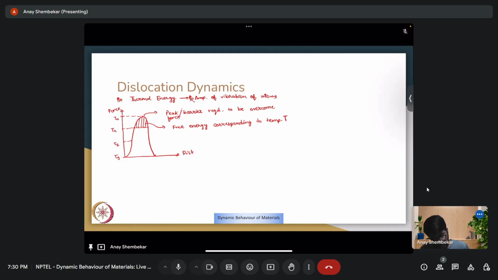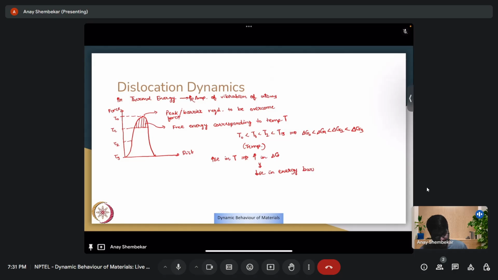Suppose you have four temperatures, T0, T1, T2, T3. As the temperature increases, the associated Gibbs free energy increases. So you have delta G0 less than delta G1 less than delta G2 less than delta G3. An increase in temperature leads to an increase in Gibbs free energy, which in turn leads to a decrease in the energy barrier.